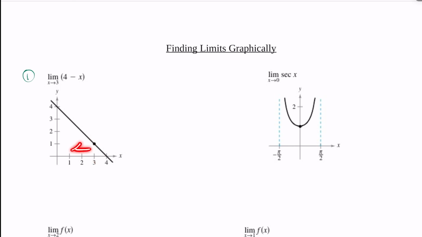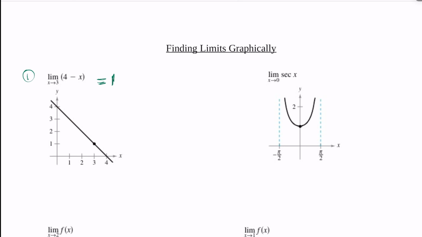So this part is the left and this part is the right. So as I approach 3 from the right, the value I have here is 1. And as I approach 3 from the left, the value I have here is 1. So clearly this tells me that the limit of 4 minus x as x approaches 3 is +1. And that is the answer.